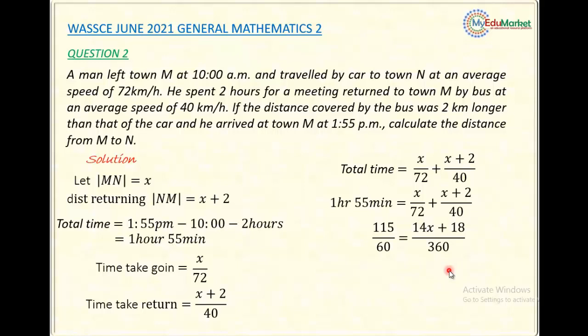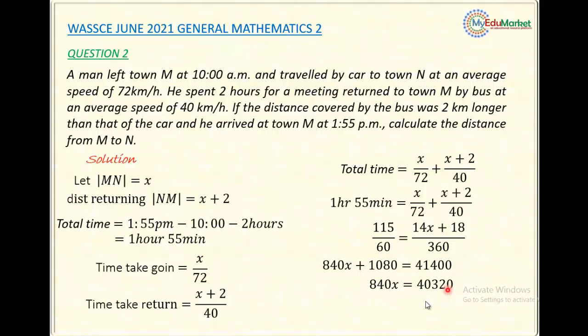If I continue to solve this equation, it will give me my x, which I'm asked to find, the distance from M to N. So cross multiplying, I now have 60 times 14x plus 18, which gives 840x plus 1080, and 115 times 360 gives 41,400. Collecting like terms, I have 840x equals 40,320, having taken the 1080 to the right-hand side and subtracted it.